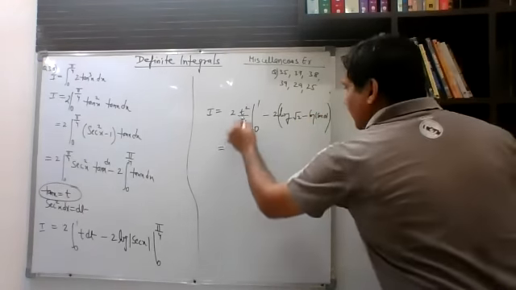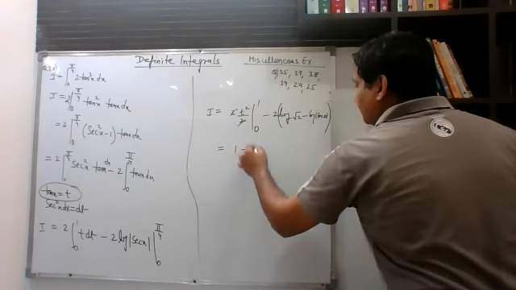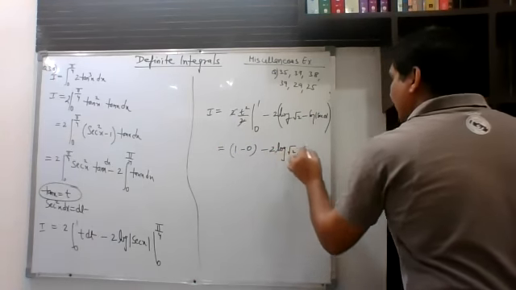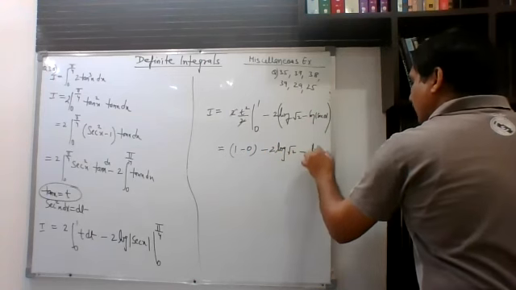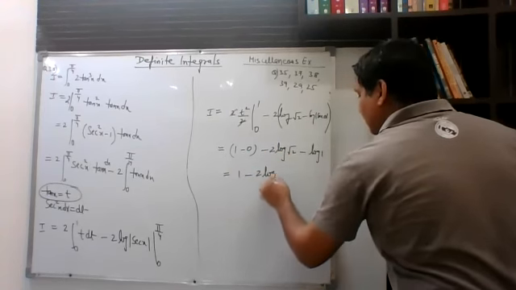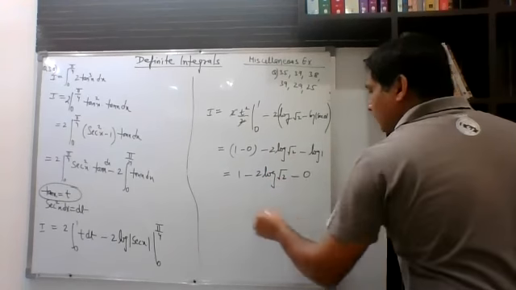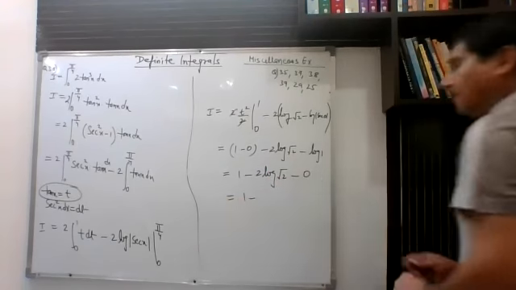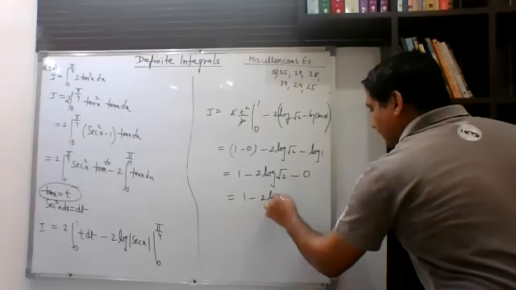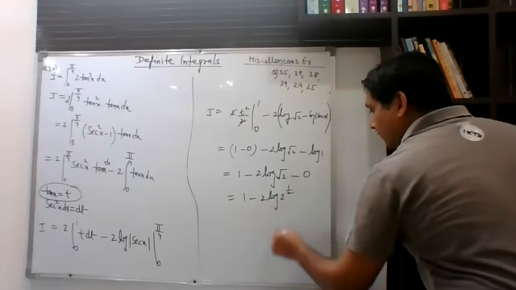In the next step, I can rewrite this as 2 log root 2 minus log 1, which is 0. By using the property of log, I can write root 2 as 2 to the power 1 by 2.